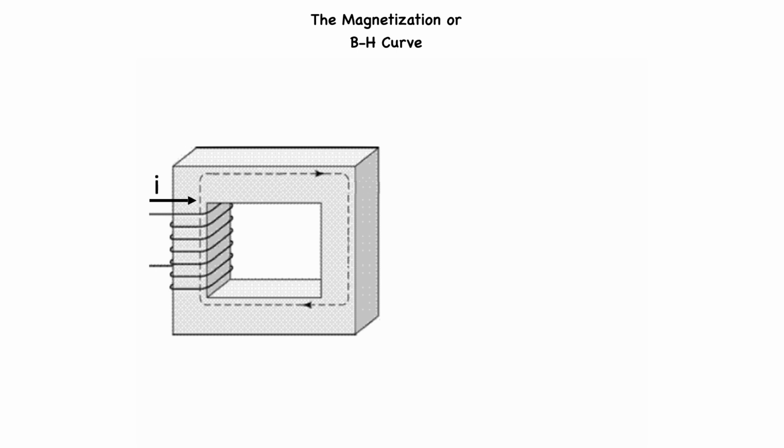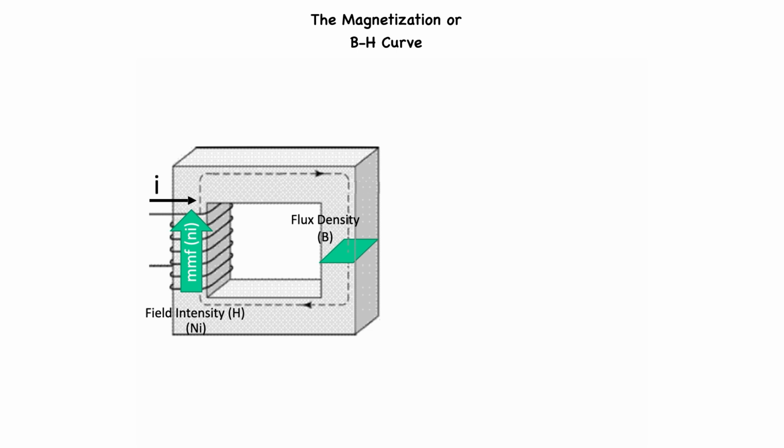Now, if that coil of wire is wrapped around a ring of magnetic material, the current flowing in that coil also produces an MMF or field intensity that is greatly enhanced due to the properties of the material and will also increase with the current. Again, just as in the coil of wire in air, that current produces a magnetic field which, measured over an area, is known as flux density.